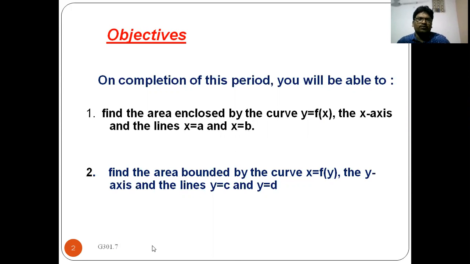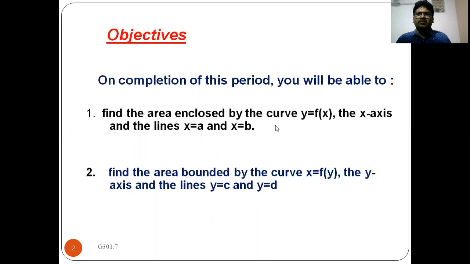The second formula is to find the area bounded by the curve x equal to f of y, about the y-axis, and the lines are given, y is equal to c and y is equal to d. We have to find the region of the curve x equal to f of y within the limits y is equal to c and y equal to d.